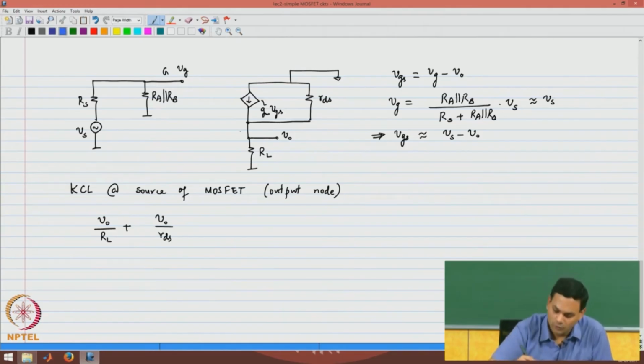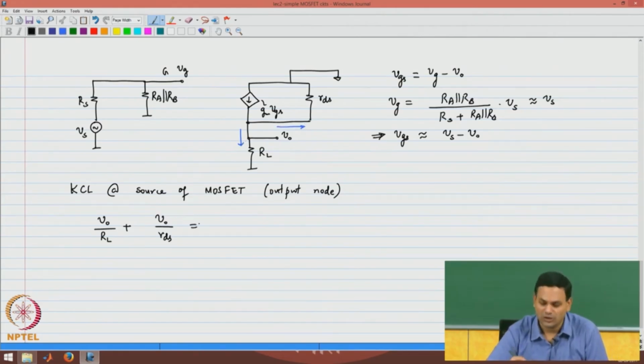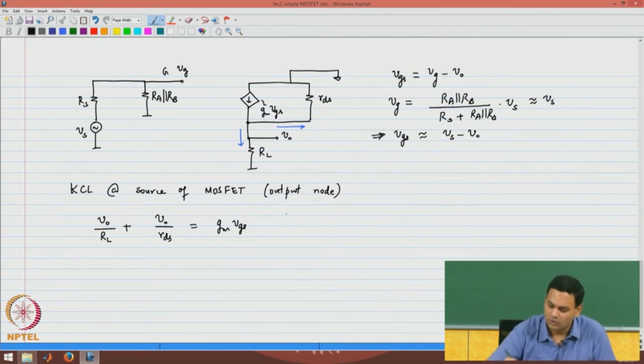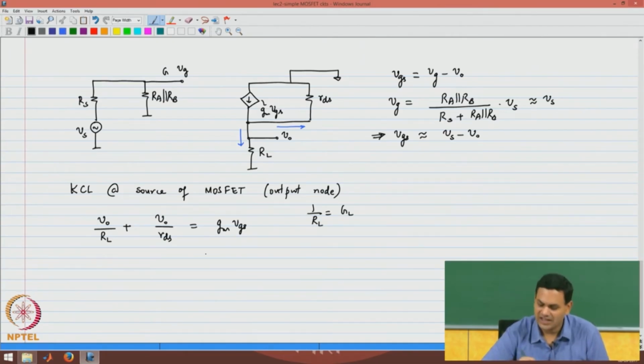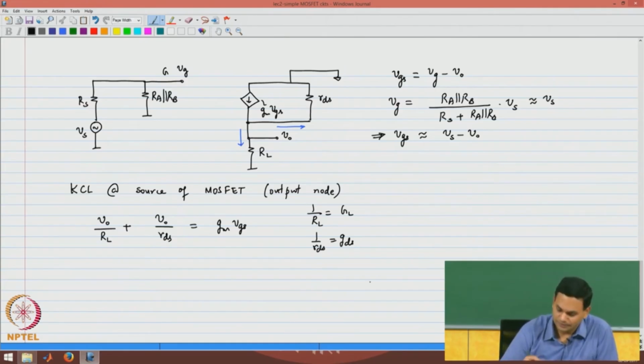So, those are the currents flowing in this direction and this direction, and this should be equal to the total current flowing into the node, which happens to be gm vgs. So, now to make things simpler, I am going to write it in terms of the conductances. Note that 1 over RL is GL and 1 over rds is gds. So, you can write the equations in terms of the conductances. Sometimes it makes things easier to visualize.